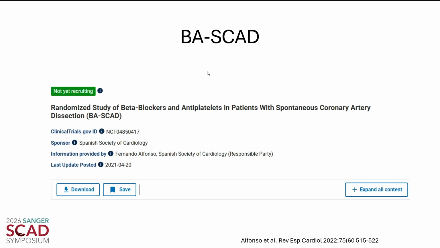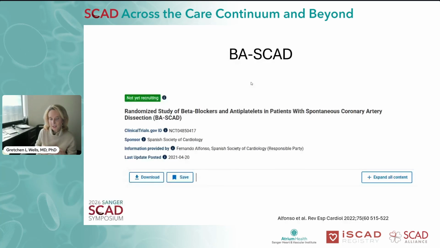It says here, not yet recruiting, but I emailed Dr. Alfonso, who immediately responded and told me that they have completed enrollment of the 600 patients, and they're in a 1-to-1-to-1-to-1 group, meaning a quarter of them are going to get aspirin only, a quarter will get beta blocker only, a quarter will get both, and a quarter will get none. So he says that they're performing data analysis. So that should be interesting, and given the finding of the recent Canadian cohort, I hope the sample size is certainly adequate there.